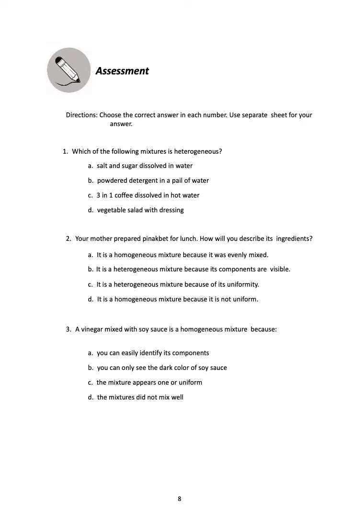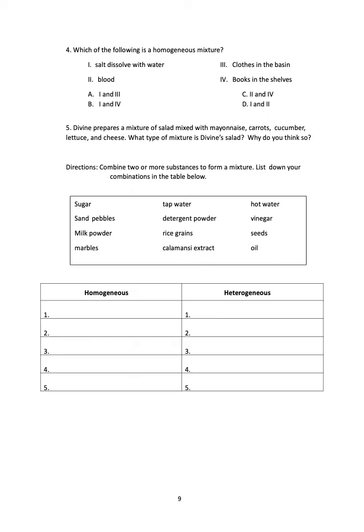And number 3, a vinegar mixed with soy sauce is homogeneous mixtures because bakit daw yung vinegar na nahalo sa soy sauce ay homogeneous? Bakit siya homogeneous mixture? Pili kayo dito sa A, B, C, or D. Next, number 4.